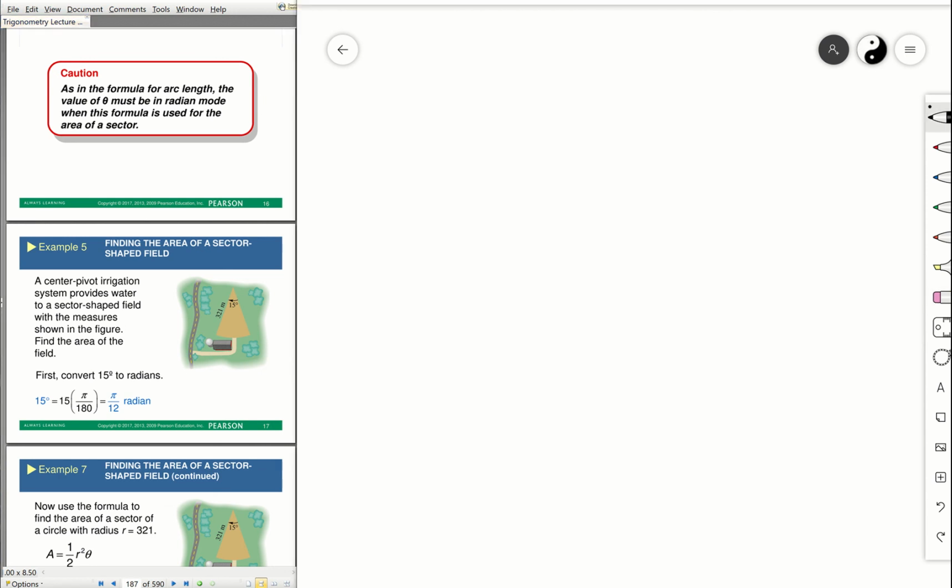So basically all we are dealing with here is a circle with a radius of 321 meters and a central angle measuring 15 degrees.